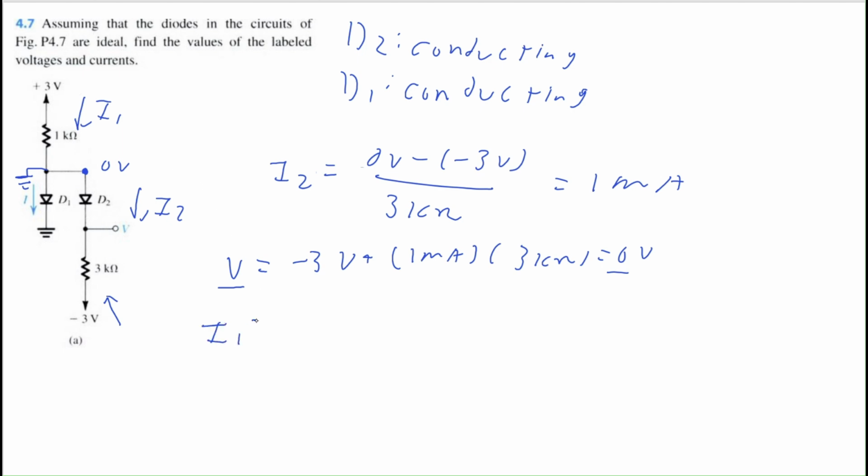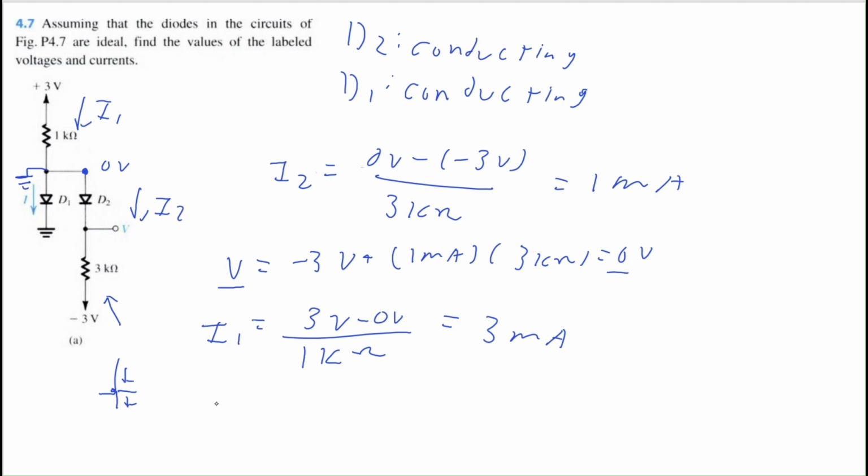So I1, because we know that this node here is observed at 0 volts, we can state that I1 is equal to 3 volts minus 0 volts divided by 1 kilo ohm, and that's equal to 3 milliamps. Now we know for nodal analysis that the total current entering a node has to equal the total current exiting a node.